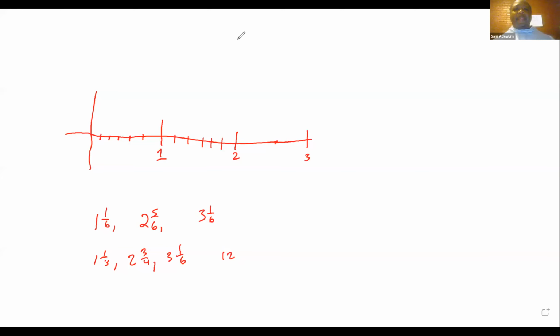Let's stop the share. Okay. All right. So I want us to notice some things, right?